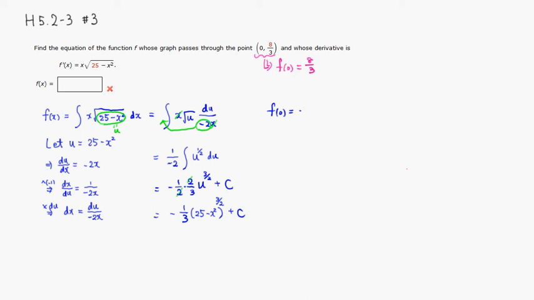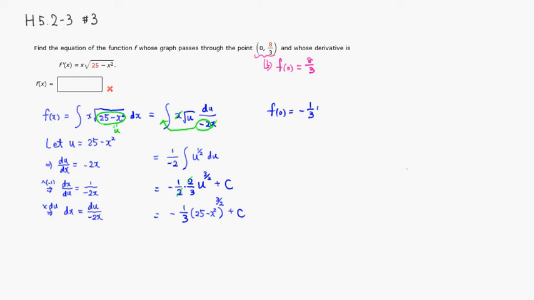So you have a negative 1/3, right? If you plug in 0 here, you have 25 minus 0. So 1/2 power is square root, so that's square root of 25 is 5. And raise it to the 3rd power, right? So it's going to be 5 times 5 is 25. 25 times 5 is 125.